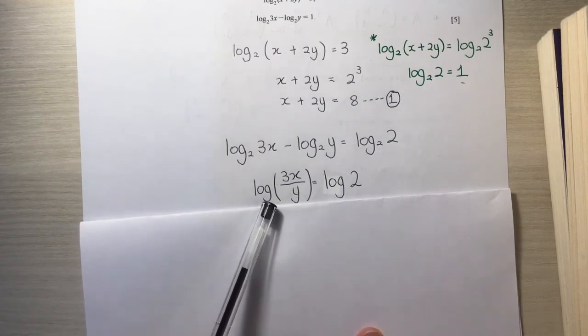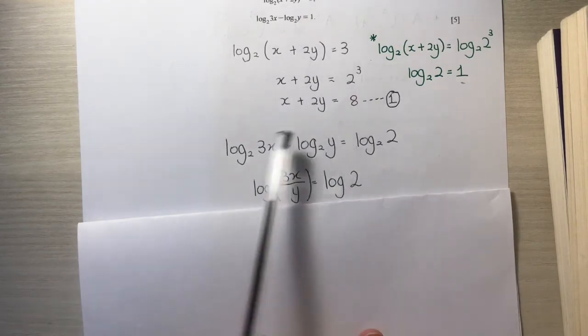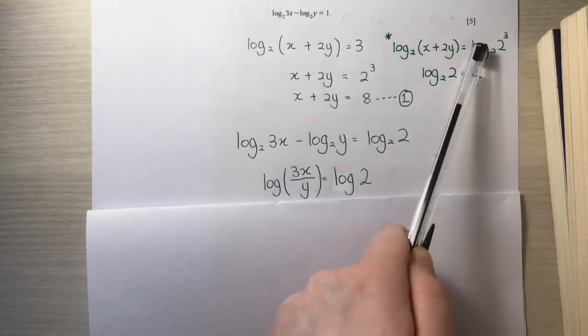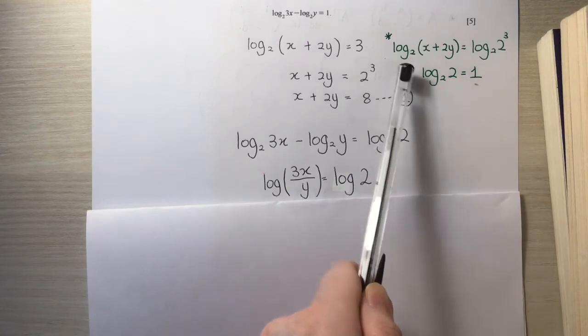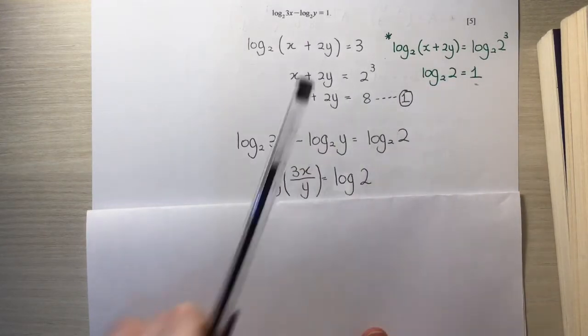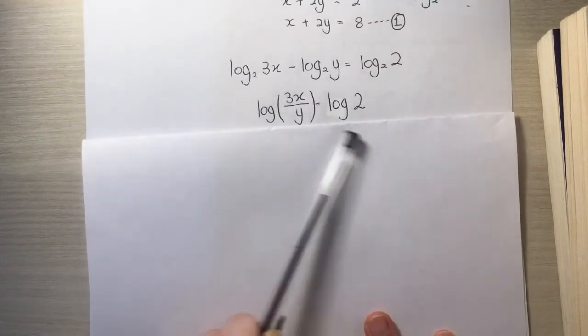I omit the base log 2 here because it doesn't matter anymore, since on both sides we have the same base of log. In this case as well, we have the same base of log, hence I eliminate the log over there and I rewrite it in this form. And this is how I approach it as well.